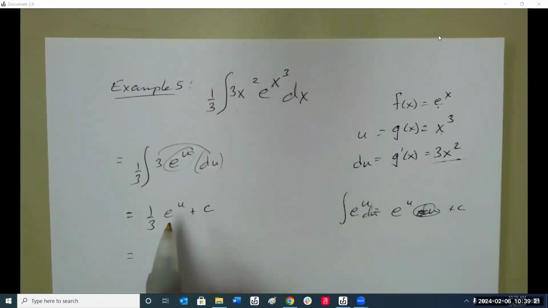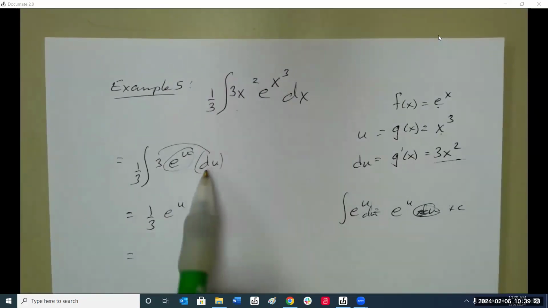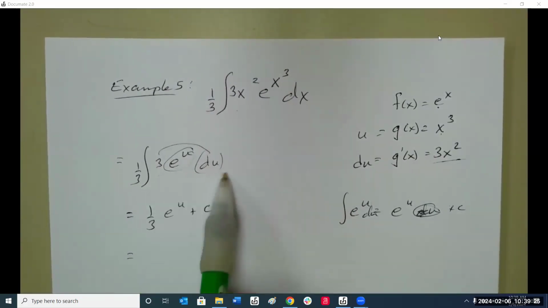We can't do that until we have a du inside the integral. So we have e to the u du, and it's going to be e to the u plus c. So it's going to be e to the power x cubed divided by 3 plus c.